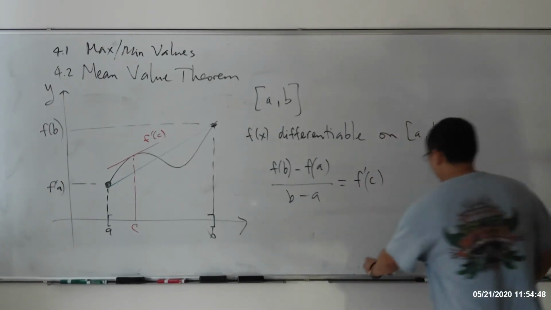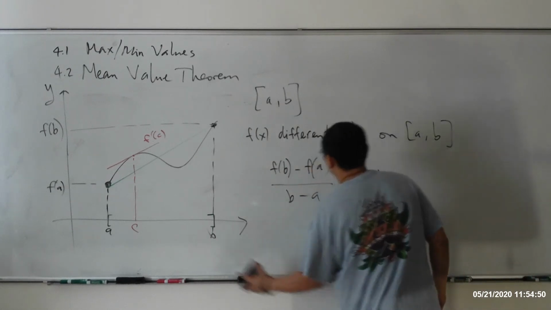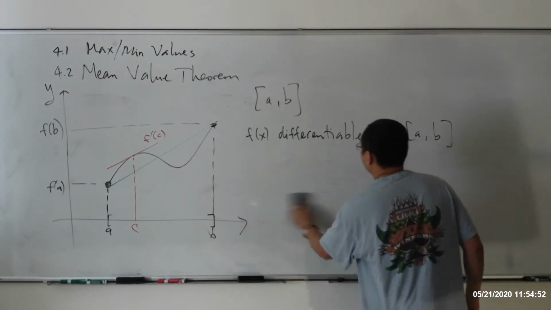All right, so let me move it down a little so I have some more room to write. Differentiable on AB.